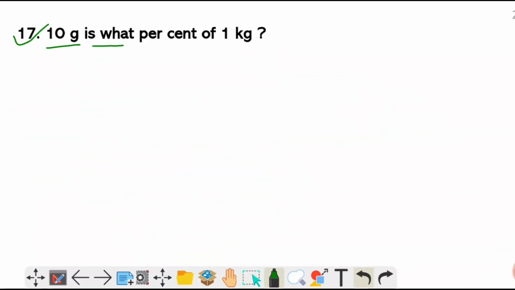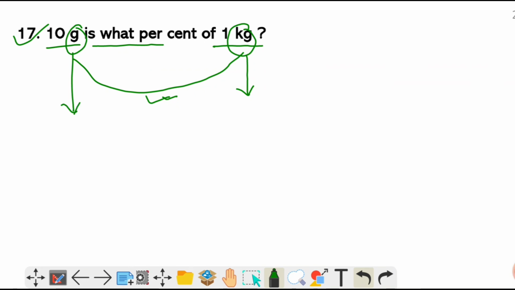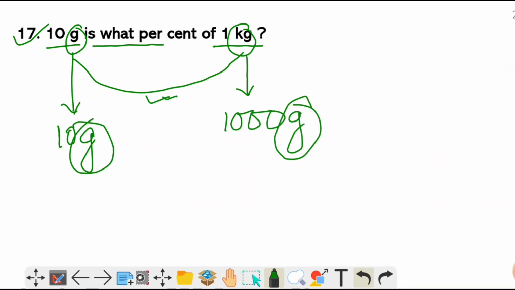Next question is: 10 gram is what percent of 1 kg? Here you can see that the units are different. One is 10 gram and another is kg. So here we have to convert kg into gram. Here we've got 10 gram and 1 kg means 1000 gram. Now units are the same, we can apply the formula.